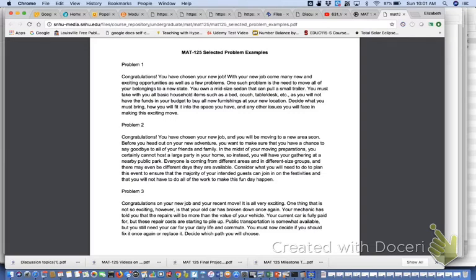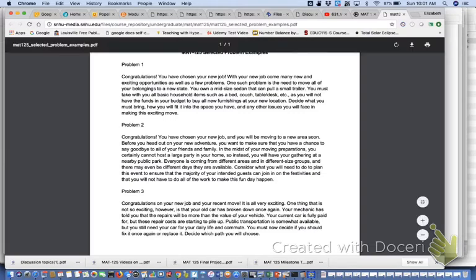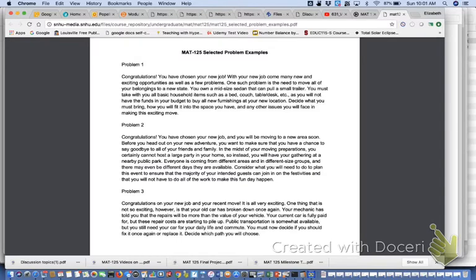If you use one of these problems, when you are typing into your final project, please say, I chose problem number 1, the one where I need to relocate, or I chose problem number 2, the one where I need to plan a party, something like that, so that I know.